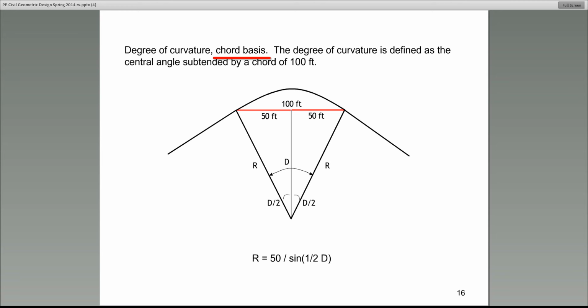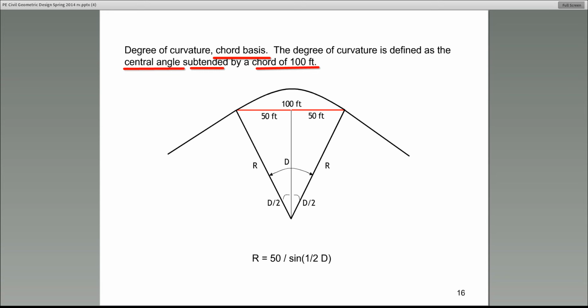So first of all, degree of curvature on the chord basis is simply that it's defined as the central angle subtended by a chord of 100 feet. Think about that. Think about what I just said. The degree of curvature is defined as the central angle, meaning at the center of the circle.